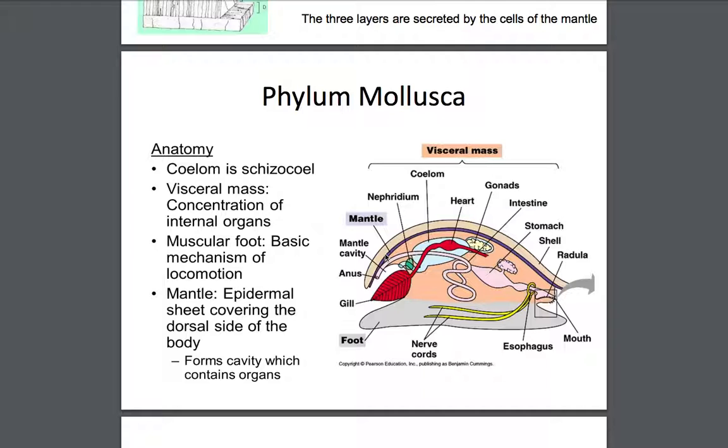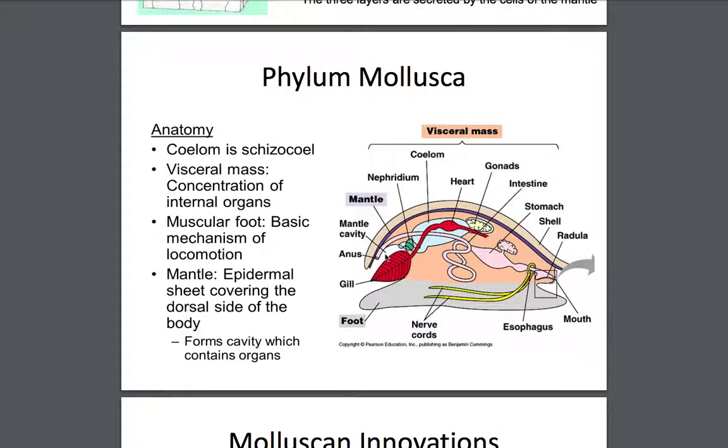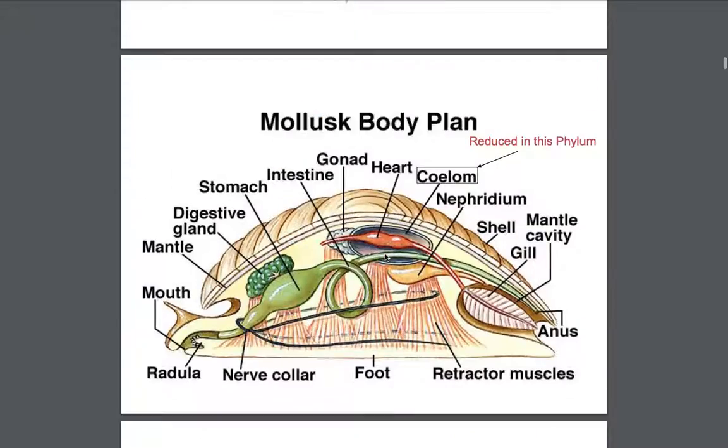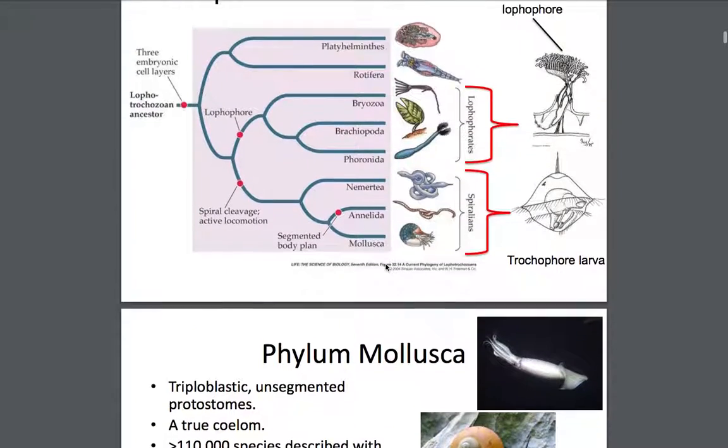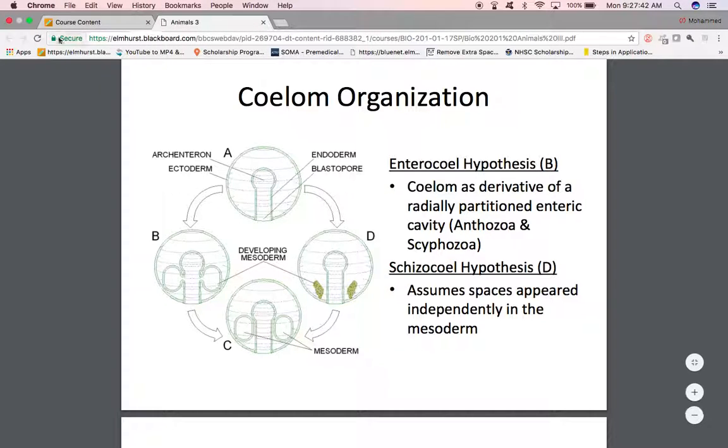One of the coolest developments in this group is the formation of a set of mouth parts that help them feed in a very special way. So that front mouth part is called a radula. The radula is like a file-like tongue.